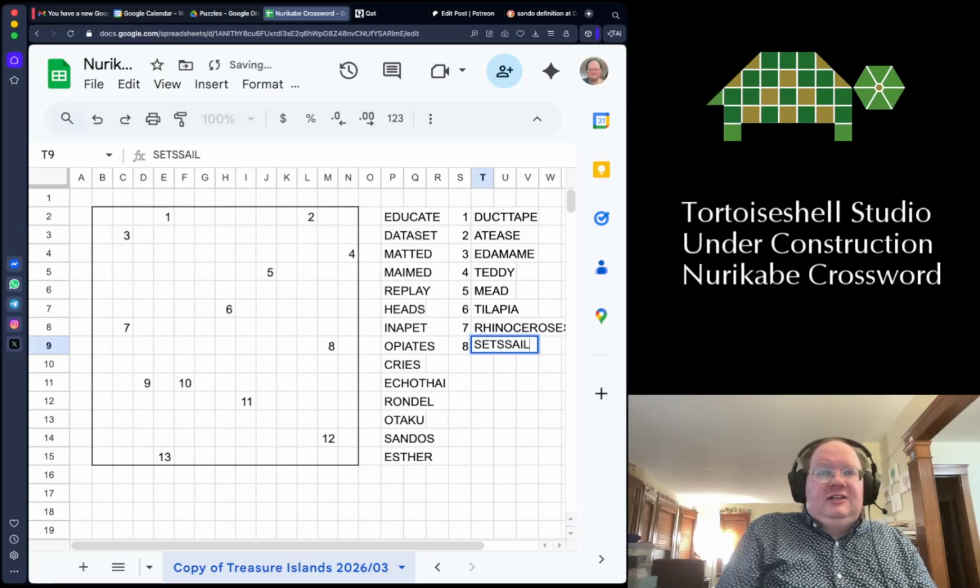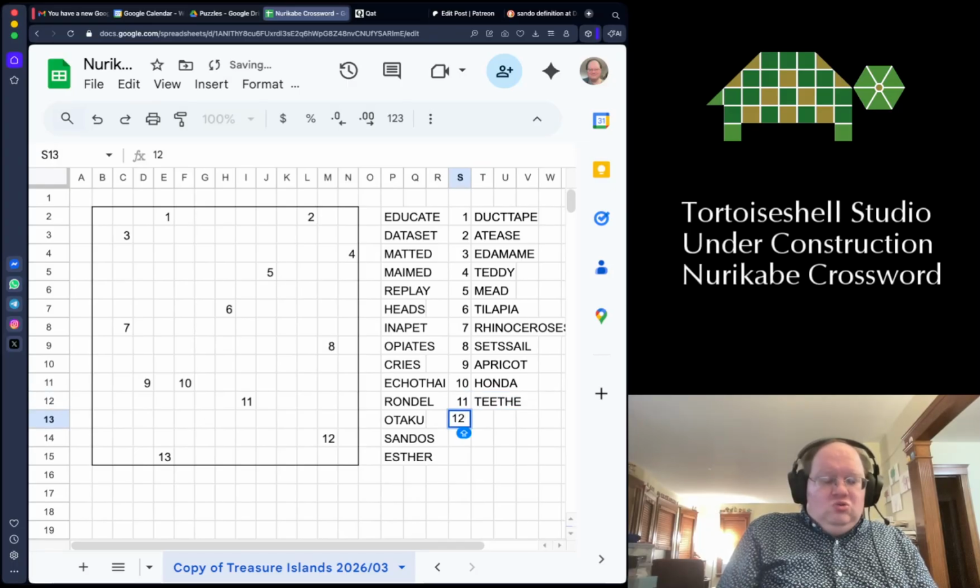Set sail. Apricot. Honda. 11 was teeth. 12 was kudos. 13 was anther.